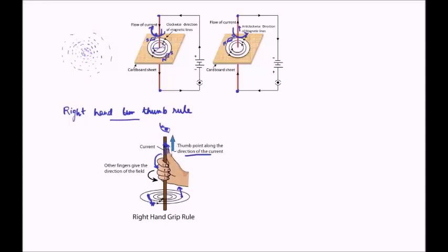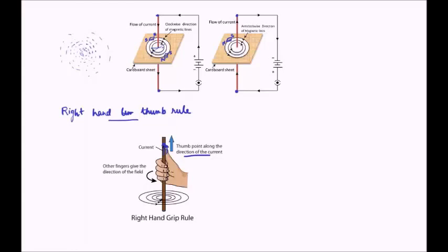You need to know that you are using your right hand, and under that circumstance, if you curl your other fingers, the direction of curling of your fingers will give you the direction of the magnetic field at any point. So if we see from top, the fingers are being curled in an anti-clockwise direction, right?